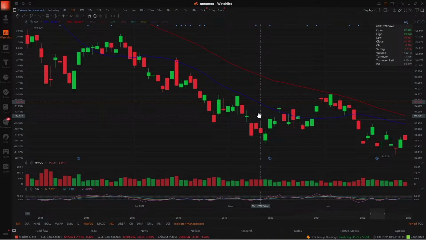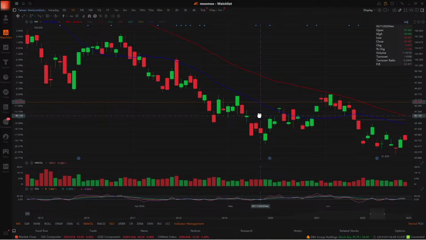This is just an estimated number, but you can do some back testing, be it with a very powerful software, or you can observe. Moomoo also has some tools to facilitate your trading strategies.